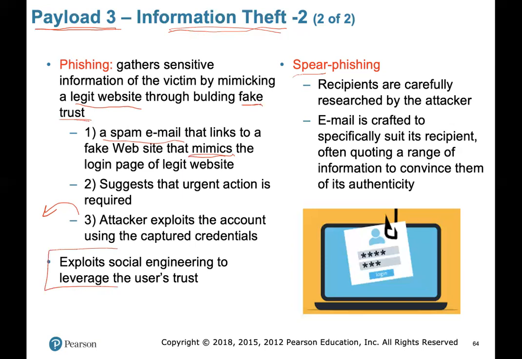They do research on the recipient. They try to find someone in his group, someone in, for example, his working environment or from his family, sometimes based on social media, and then they send a crafted email that specifically works for that person.